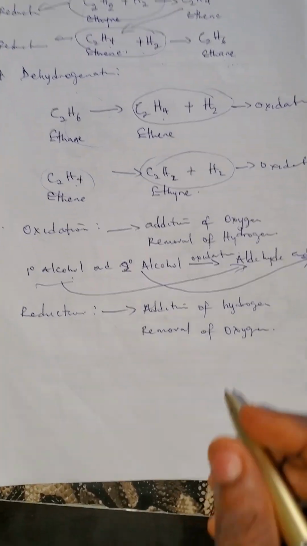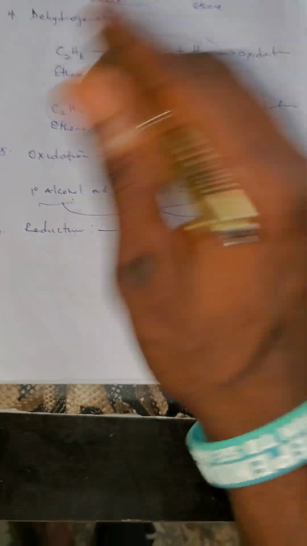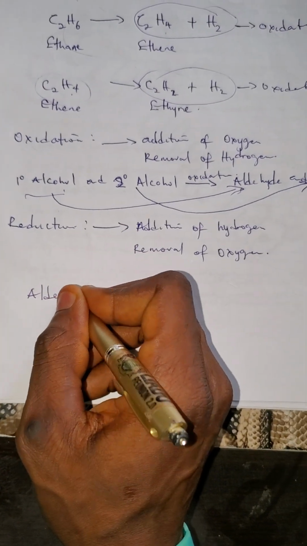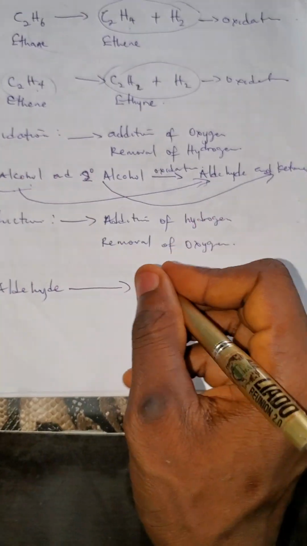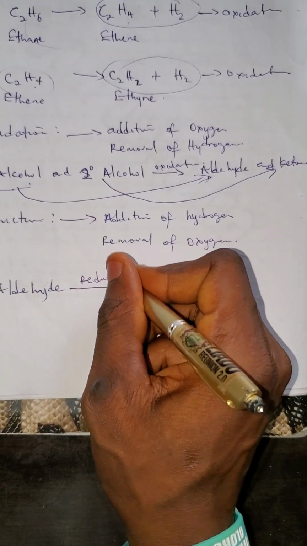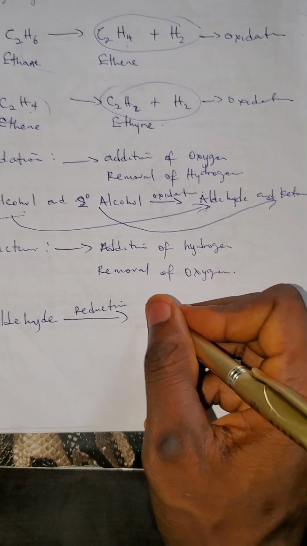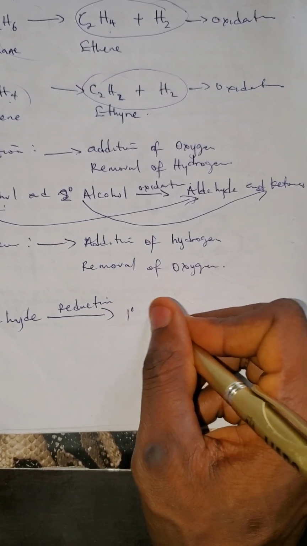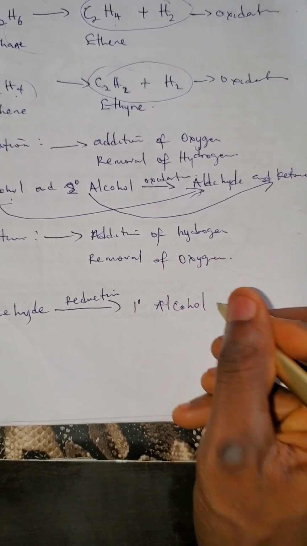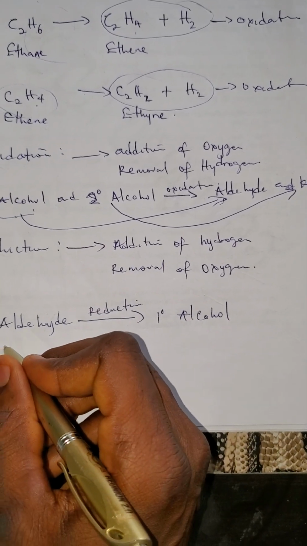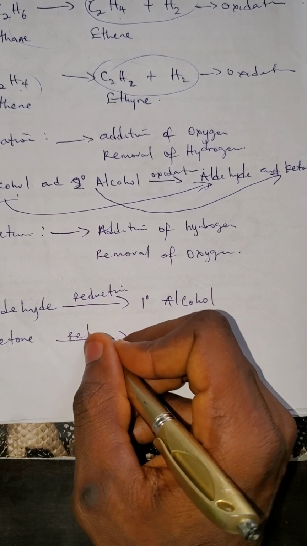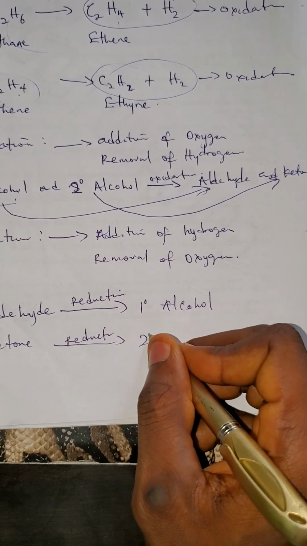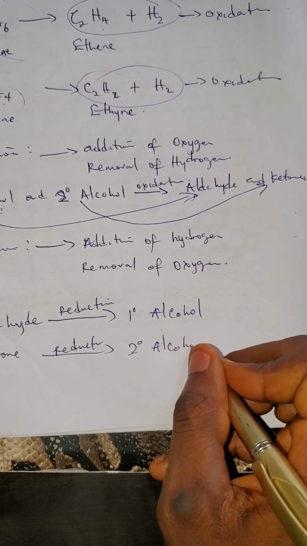Now the same thing, the opposite, if it's inverse like this, that shows that aldehyde, if it want to come back, it will undergo what? Reduction. Aldehyde undergo reduction to produce what? Primary alcohol. And at the same time, ketones undergo reduction in order to produce secondary alcohol.